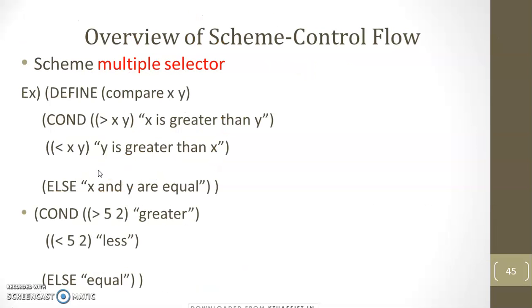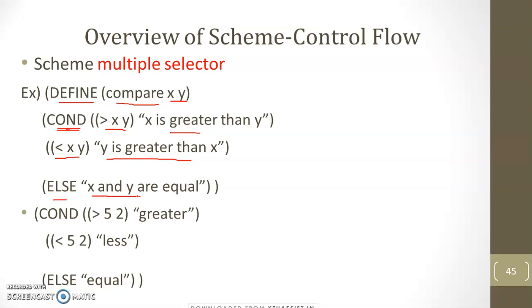A multi-way selector example can be given like this, in which we make use of define to define a function compare, taking two arguments x and y. The multi-way selector uses the construct COND. If the first condition is true, it displays one statement. If the less than condition is true, then it says y is greater than x.